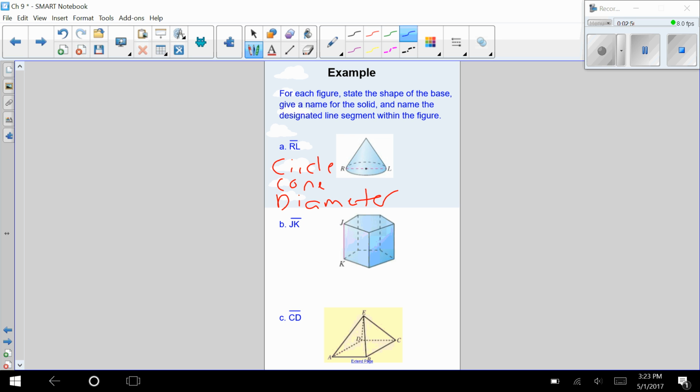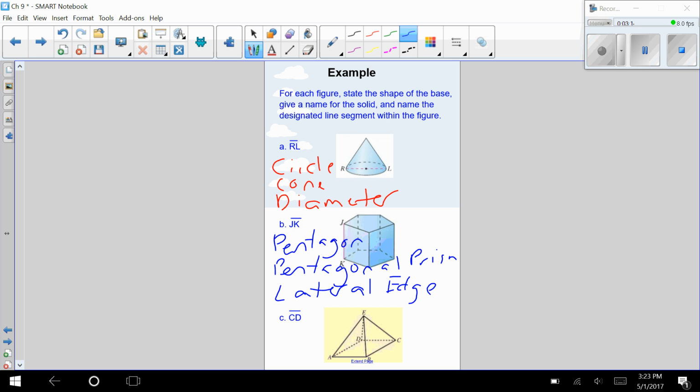For letter B, this figure is a pentagonal, the base is a pentagon. It is named a pentagonal prism. And side JK is a lateral edge because it is not formed using the base.